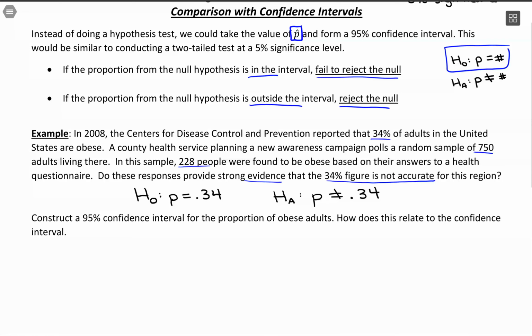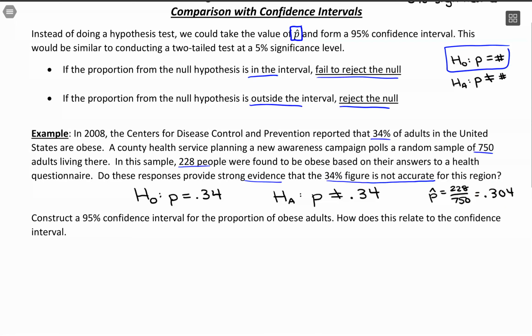What we have is some sample data: a sample of 750, so 228 out of 750 was our sample proportion, which is 0.304. What we really want to see is whether this county with a 30.4% obesity rate is significantly different from 34%.